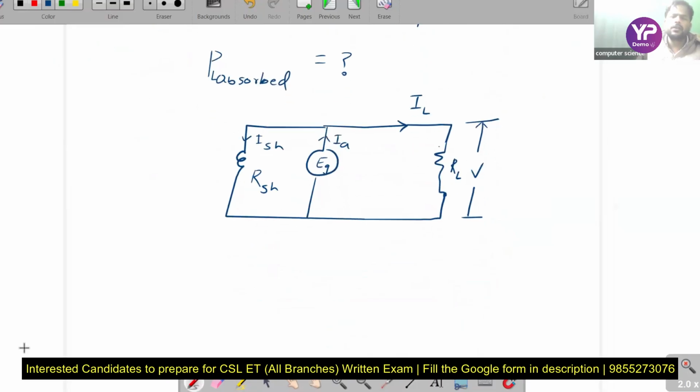To find the power absorbed by the load, we know the power is the product of voltage into current.